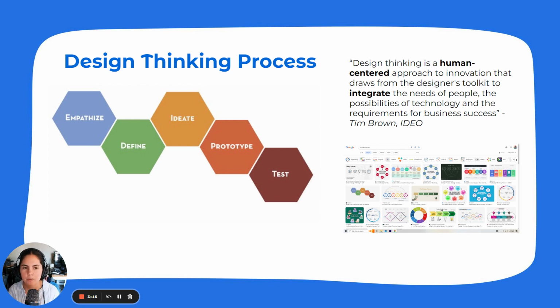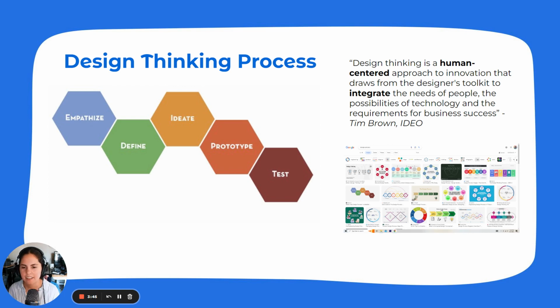So right now I want to present to you what I feel is the most standard or simplified one, and it has 5 different steps. The first one is empathize. To solve a problem, we need to empathize with the people that we are working or creating for.